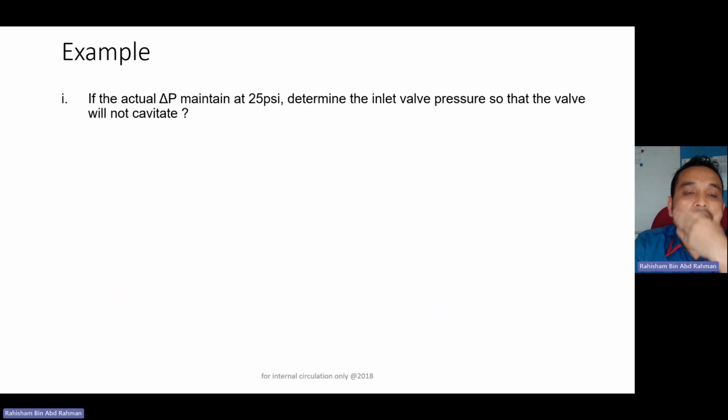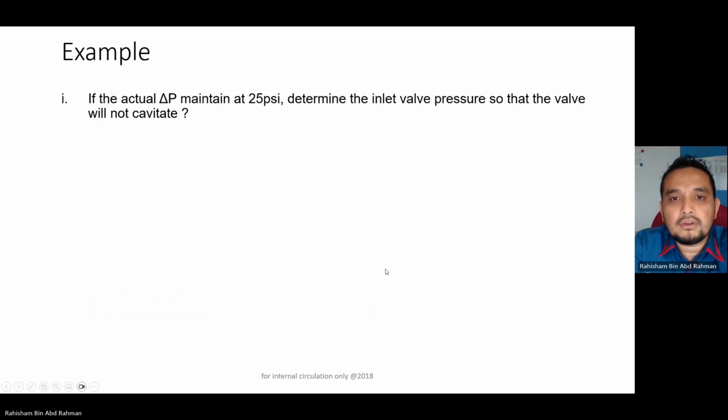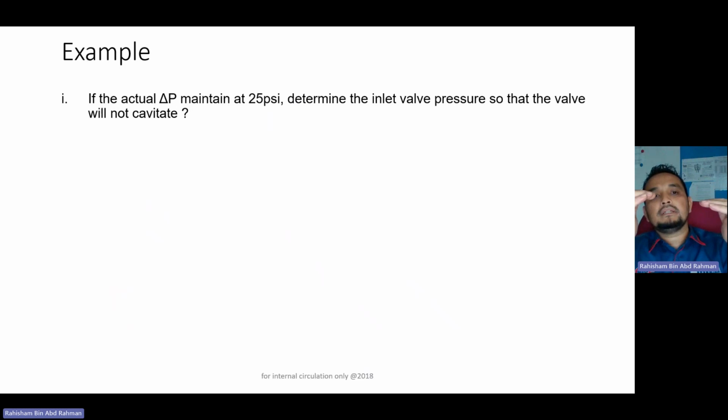Okay, continuing from that: if the actual pressure is maintained at 25 psi, determine the inlet pressure so that the valve will not cavitate. We have to understand that to make sure the valve does not cavitate, the actual has to be lower than the allowable. Allowable is higher, actual is lower than that, then the valve will not cavitate.